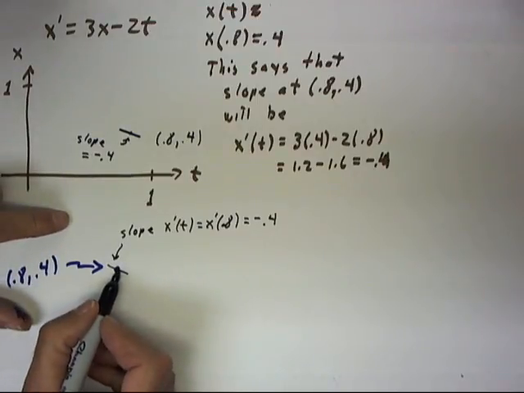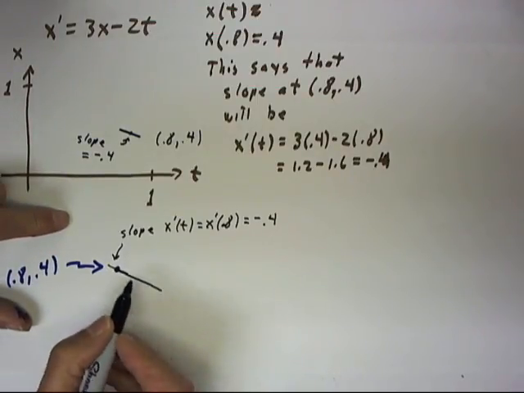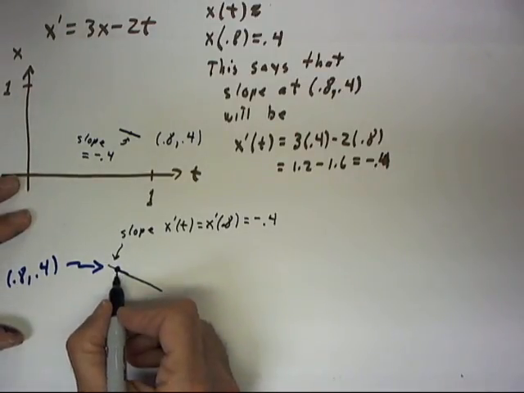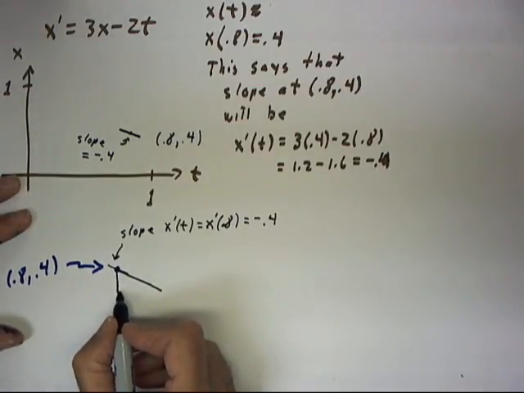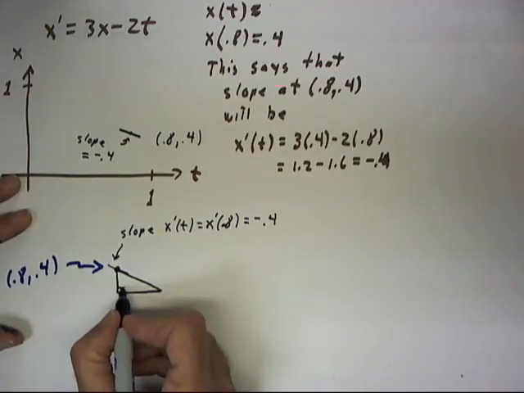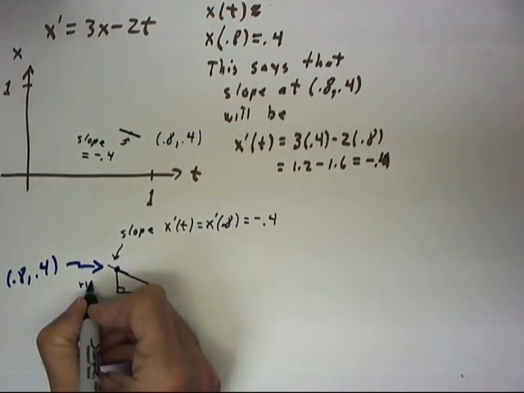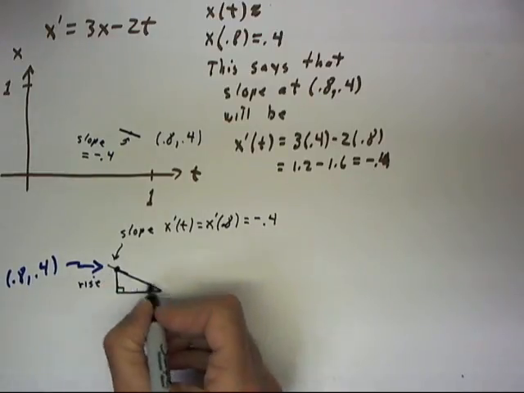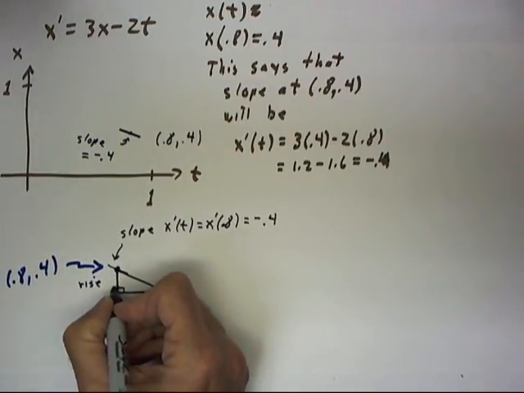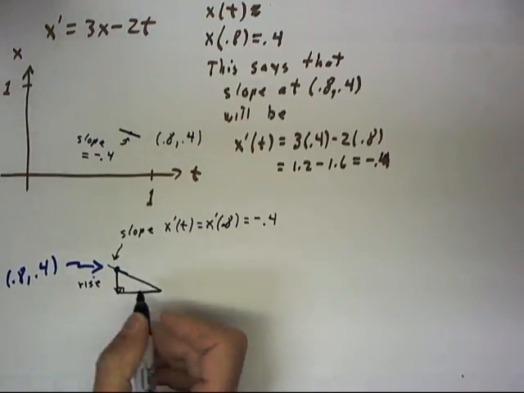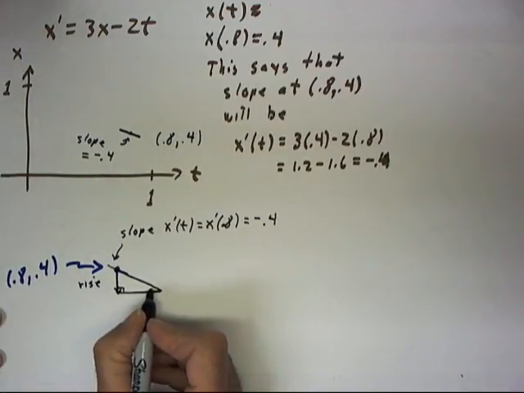does this mean? Well, this means that if we move from this point any distance to the right, we can form a right triangle with a rise. Now if we're moving from this point to the right, the rise will be downward, and a run.